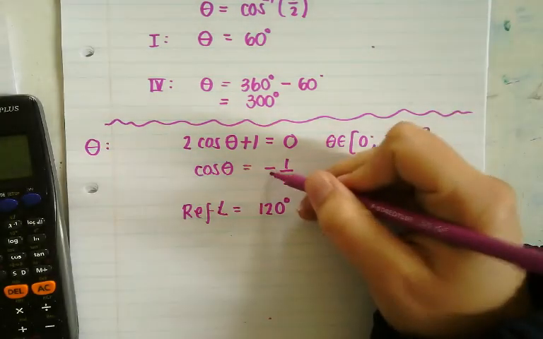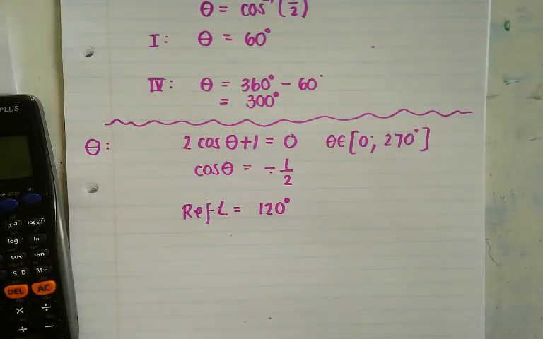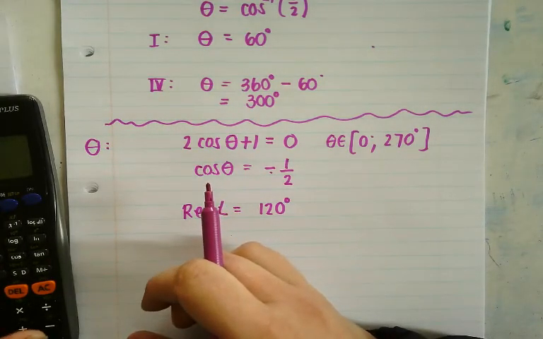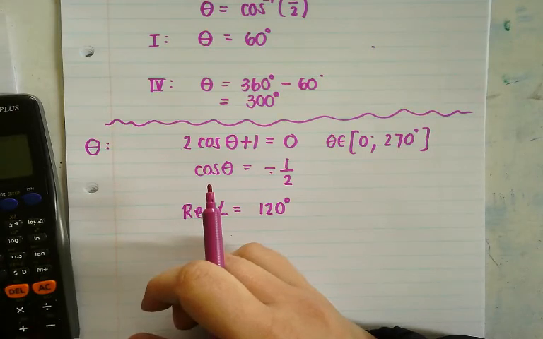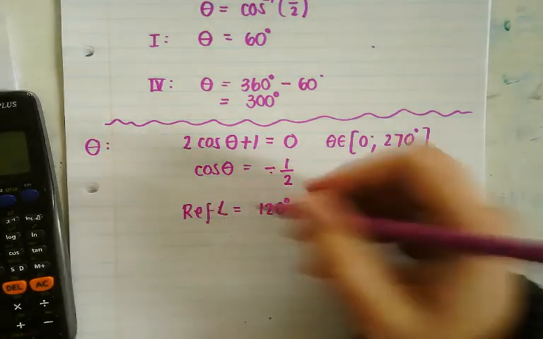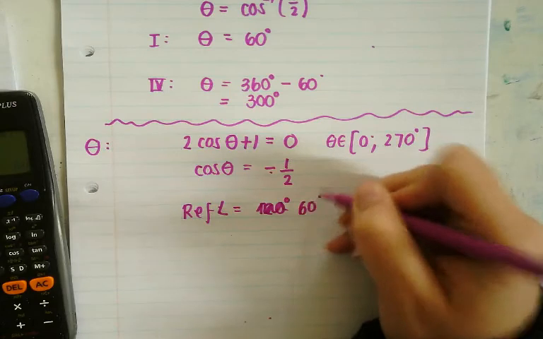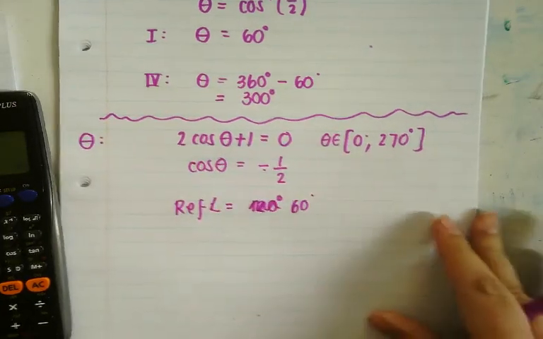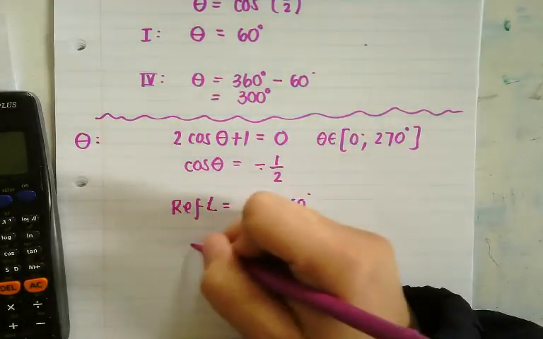I'm looking for a negative cos. Cos is negative in which quadrants? 2 and 3. You don't use the positive or negative for the reference, you only use the number.